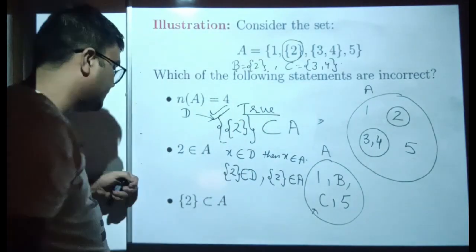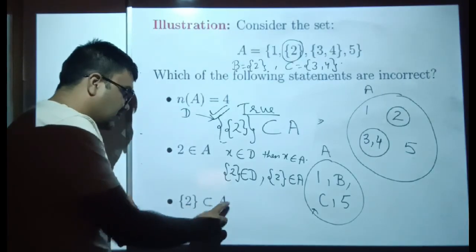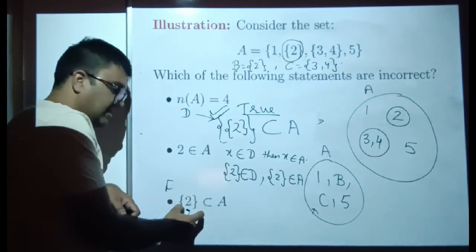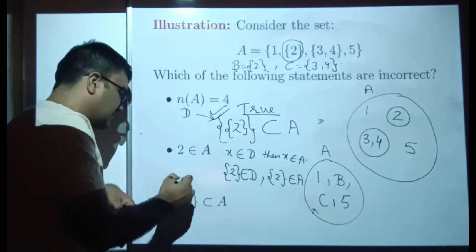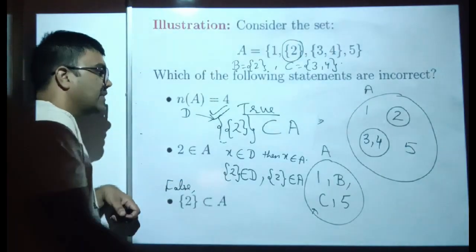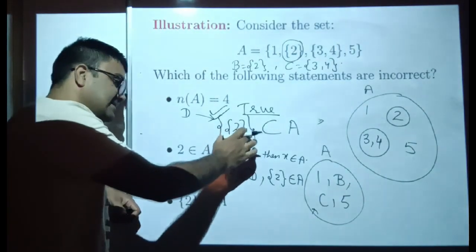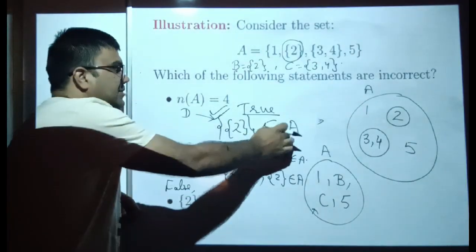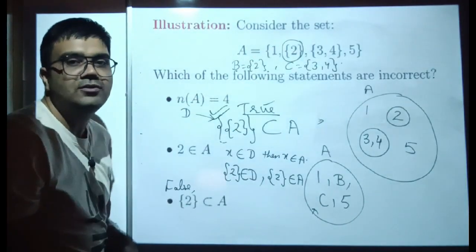Observe these things very carefully. Set 2 is a subset of A. Set having element 2 is a subset of A is false. Set having a set containing element 2 is a subset of A is true.